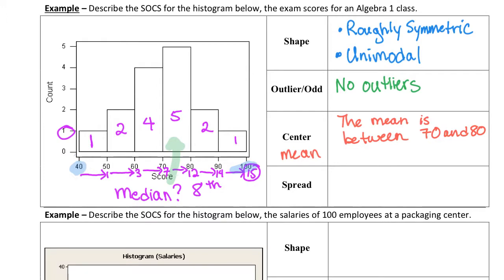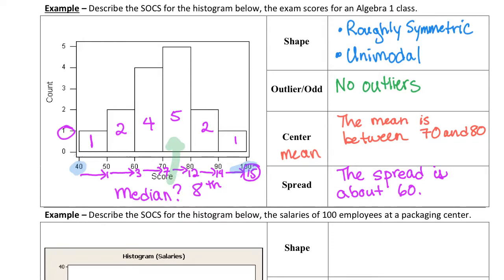We don't know that there's actually a 40 in this histogram. So we're going to say approximately again. I'm just going to say the spread is about 100 minus 40, and that'd be 60. Don't say exactly. We don't know what actual values are in those bins.